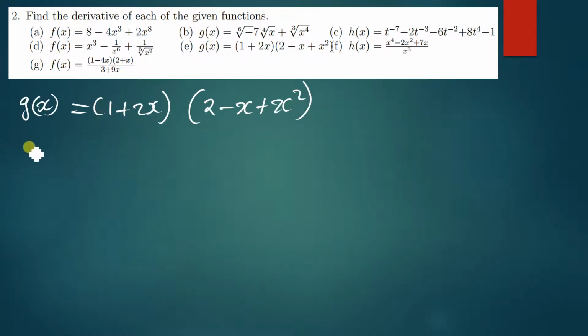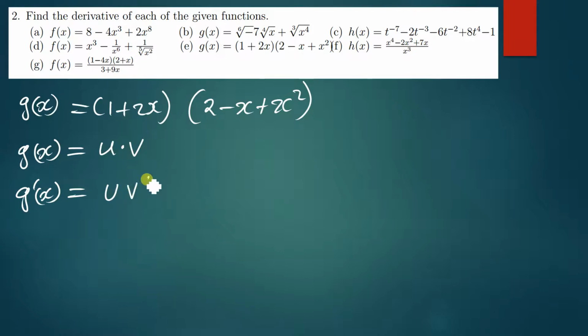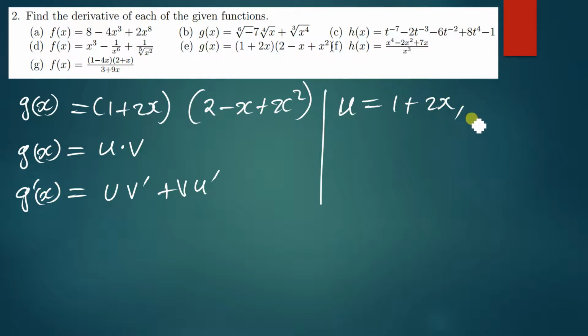So the product rule states that if the function g of x has two functions multiplying, u times v, g prime of x, which is the derivative of g, is simply just u v prime plus v u prime. So if the first function is equated to u, we have u is equal to 1 plus 2x, and v being equal to 2 minus x plus x squared.